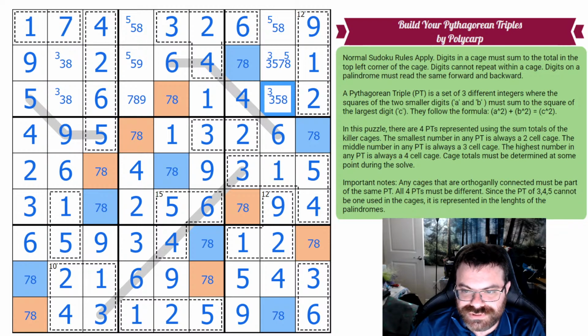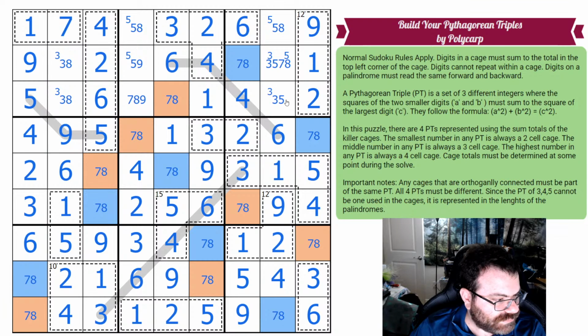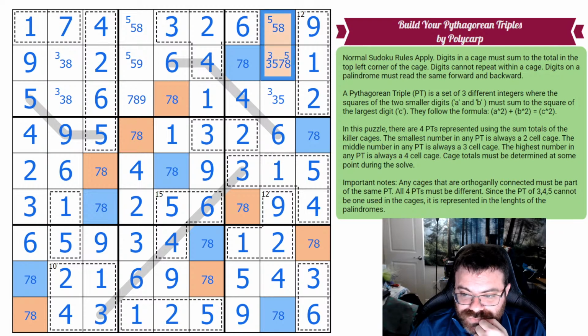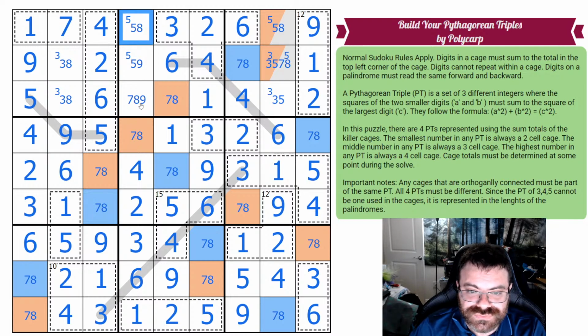So this sees blue and orange. So orange is one of these two. Let's mark that. Blue is one of these two. So we'll mark that.